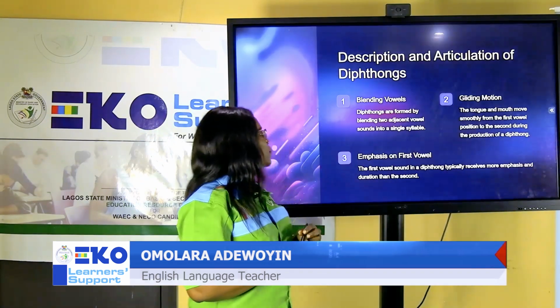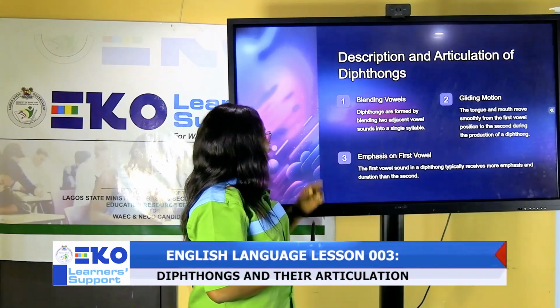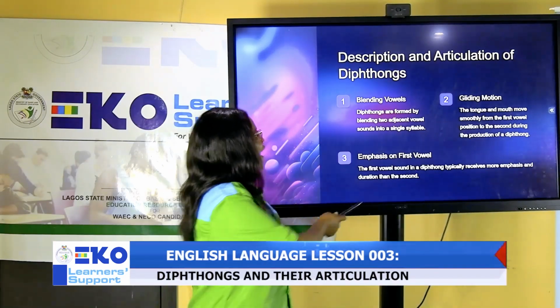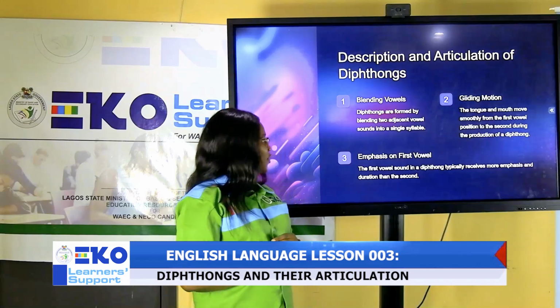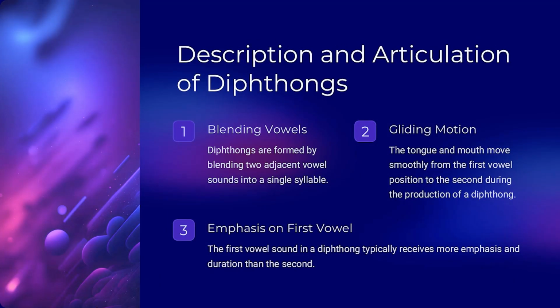How are diphthongs produced? What characterizes their production? Here we have the description and articulation of diphthongs. Number 1, blending vowels, one very versatile characteristic of diphthongs. Diphthongs are formed by blending two adjacent vowels.